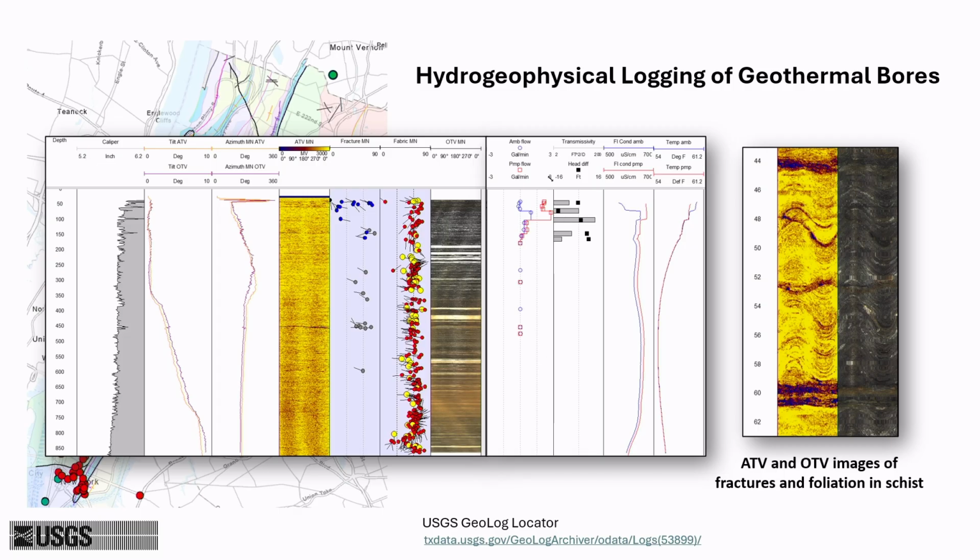The acoustic and optical televiewers also have a deviation package built in, so you're getting that information as well. We can see on this borehole, it was pretty near vertical for the first 400 feet, and then it started to wander off. It ended up 50 feet off center at its total depth.